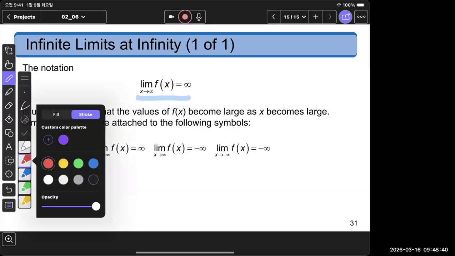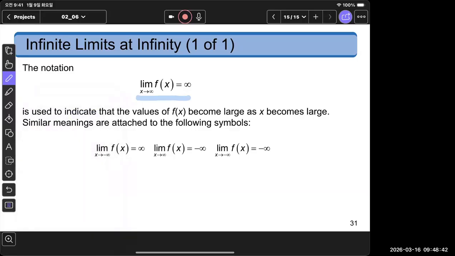For example, if I consider the exponential function e to the x, then the values of f of x are increasing without bound as x approaches infinity. So as x approaches plus infinity, the limit of e to the x will be infinity.